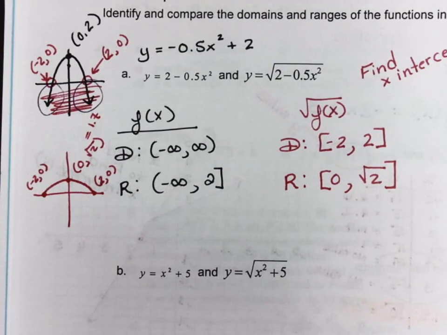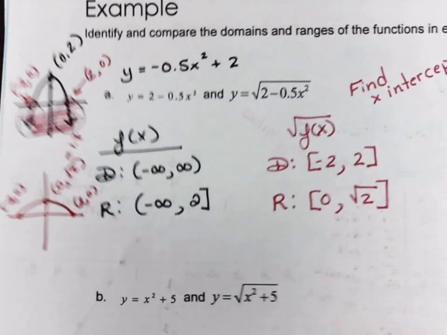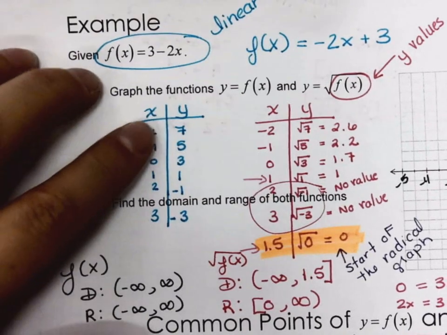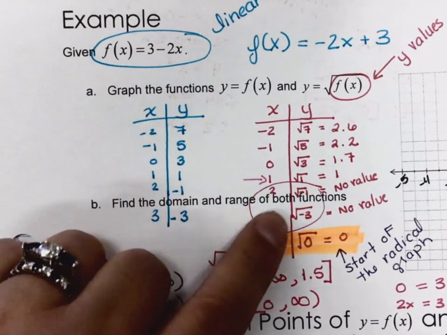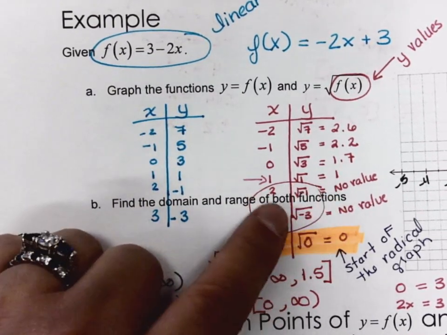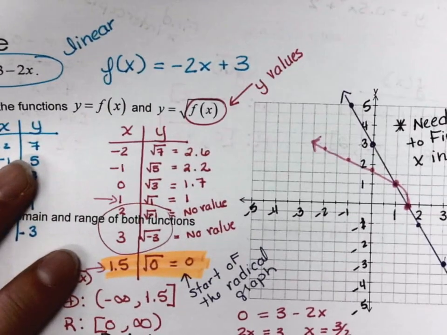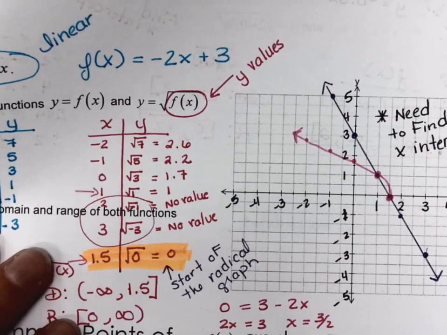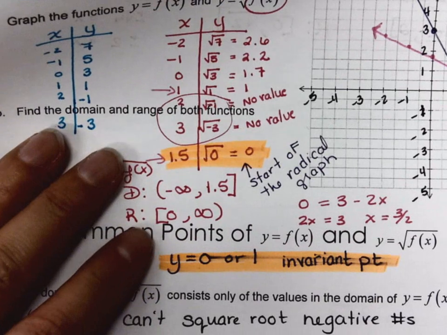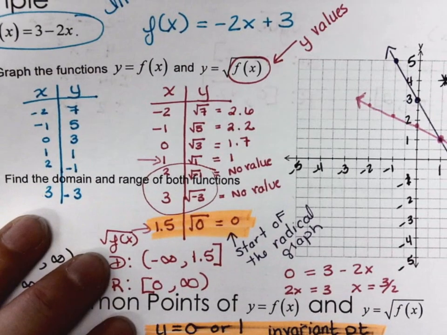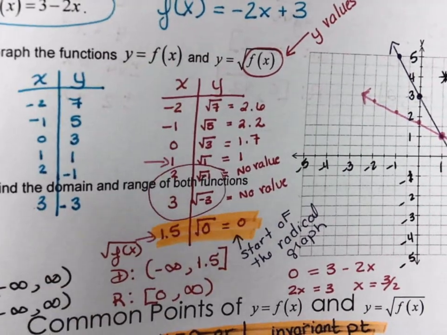Wait, Ms. Galvin, how come then on the last graph it went to negatives for the domain and range? That was on the first graph, on the linear. But when we square rooted them, what happened to those negatives? Since it goes to negative infinity on the domain and positive infinity on the range, there's not a negative infinity on this one?